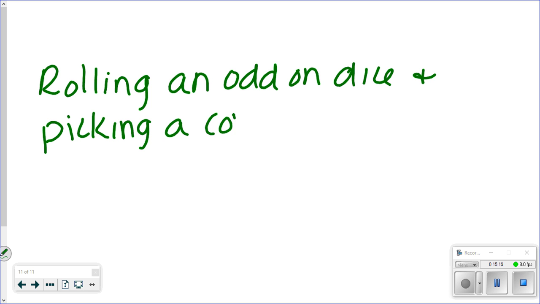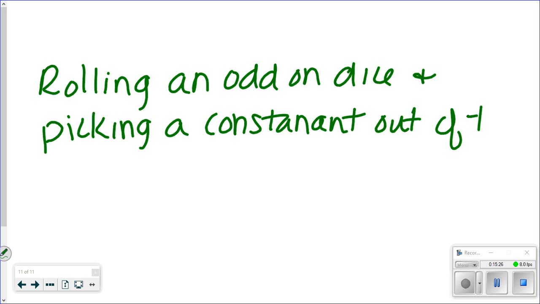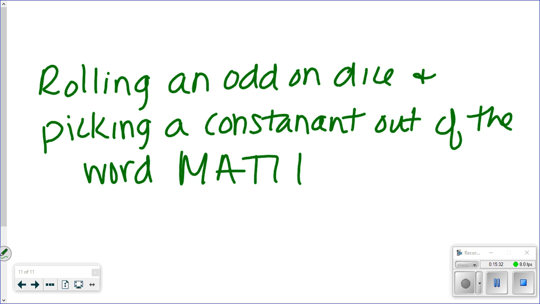Consonants are anything but the vowels, A-I-O-U. So let's go back to rolling an odd on the dice. What's the probability of rolling an odd? Half, 3 out of 6, right? So half.